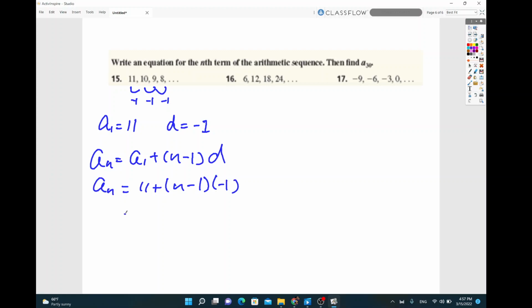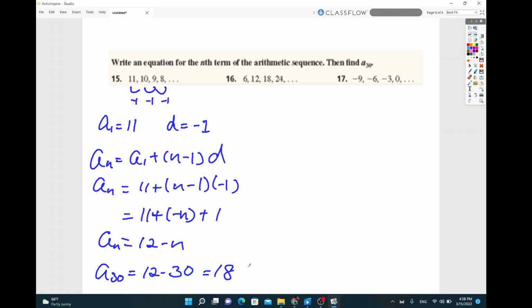That's the general formula, but we can simplify it. 11 plus n times negative 1 is negative n, and negative 1 times negative 1 is positive, so a sub n equals 12 minus n. For the 30th term, a sub 30 is 12 minus 30, which is negative 18.